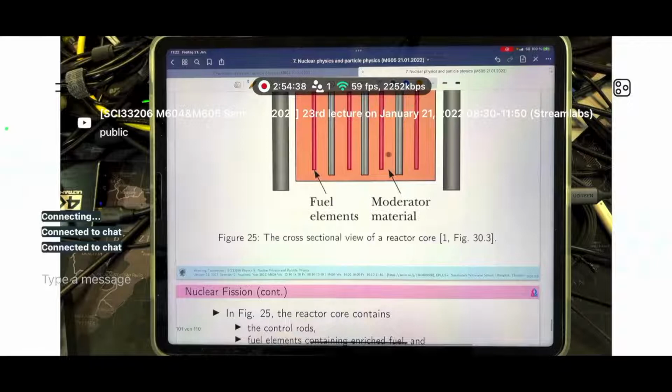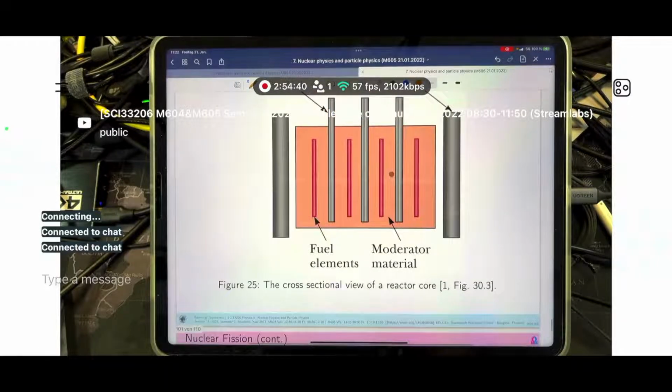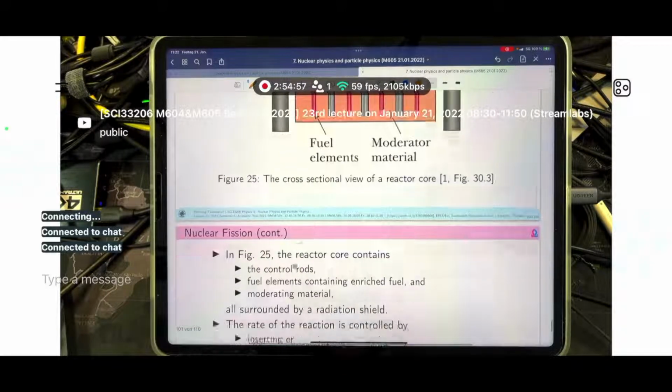Moderating material is this one, to control the fission process rate, so that there will not be too many neutrons inside the system. You can control the number of neutrons by using moderator material.